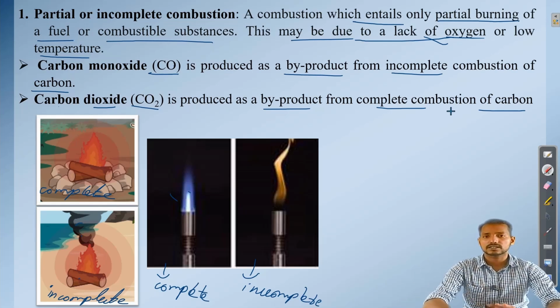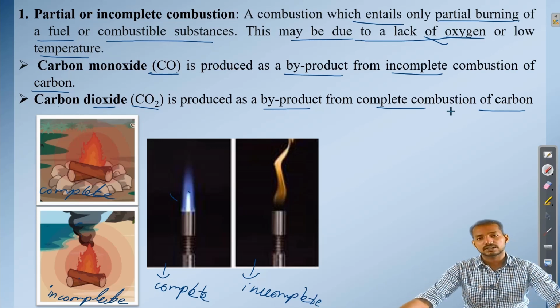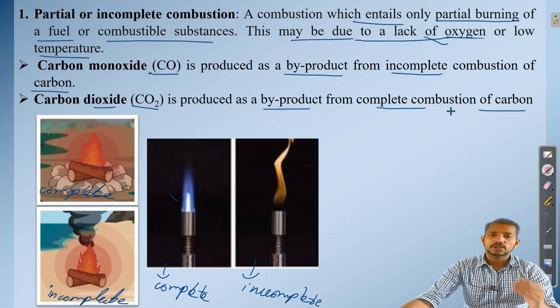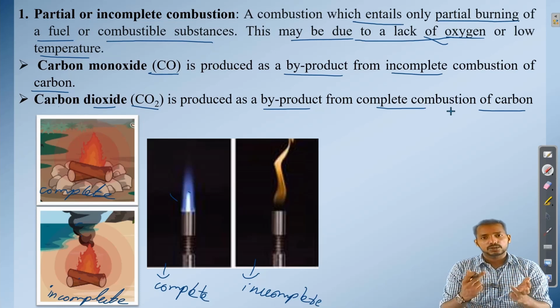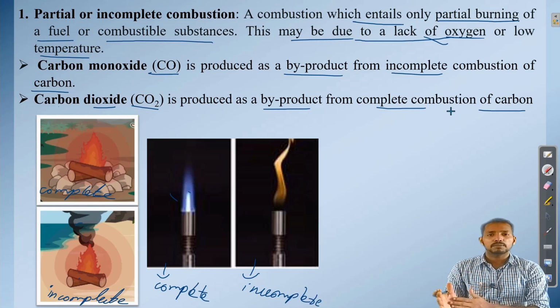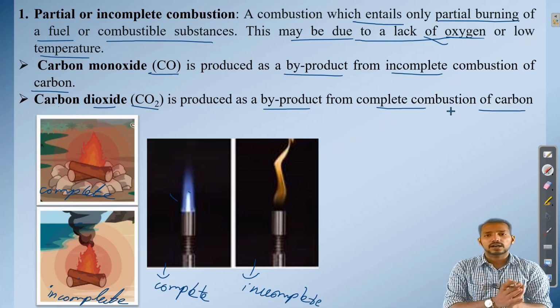So we have discussed all the parameters regarding combustion. Now we know that combustion is a very important phenomenon in our daily life, because to cook, to get heat, especially during winter, for many purposes we depend upon combustion.